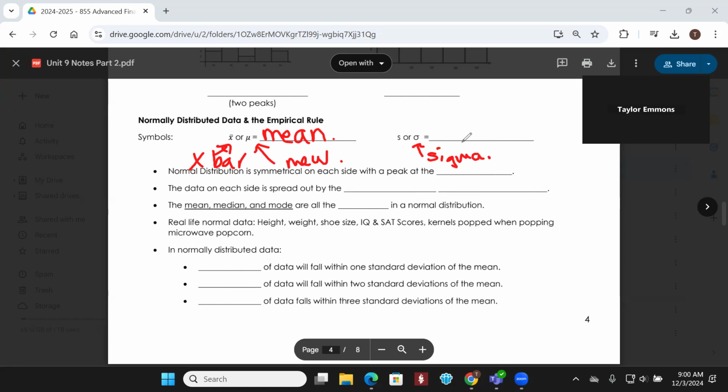Why does everybody laugh when I say sigma? I don't understand. That's standard deviation. Sigma? Standard deviation. You were today years old. Just think that it was what's it called?